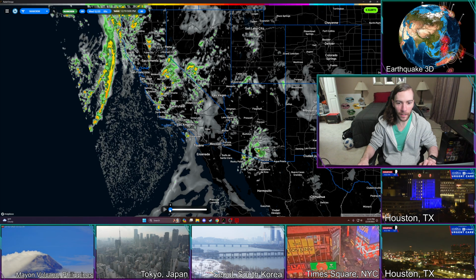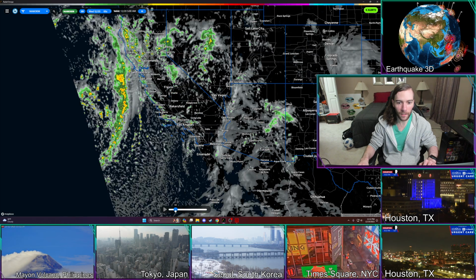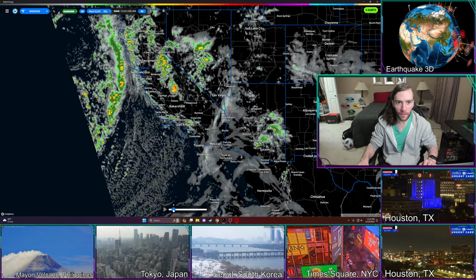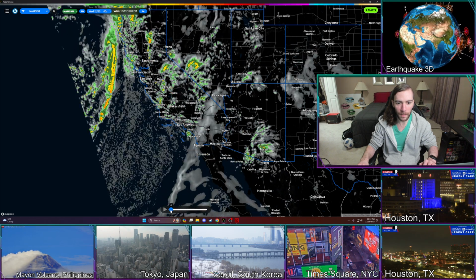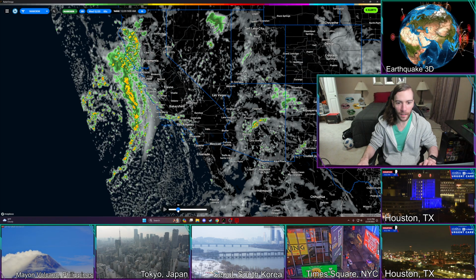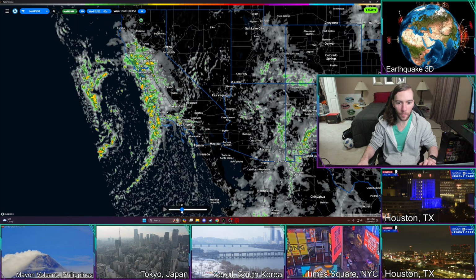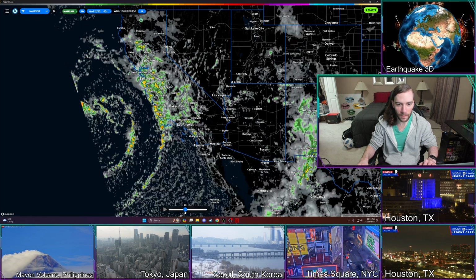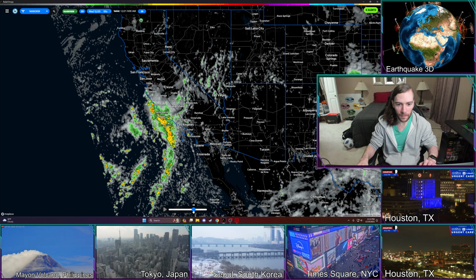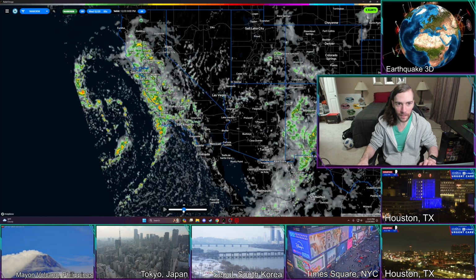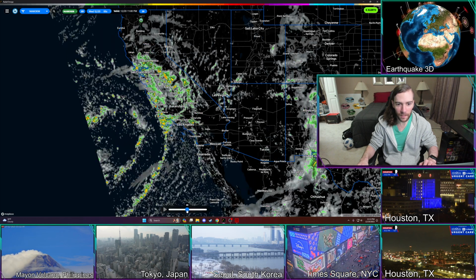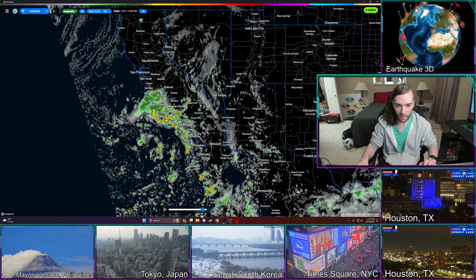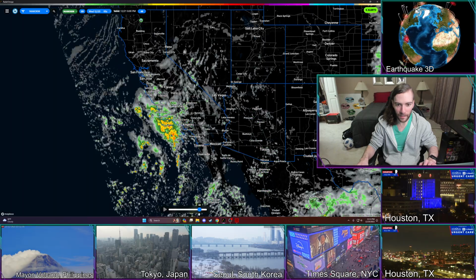I'm sure that it's already raining over Los Angeles right now, or has been for the past few hours, right? I guess it hasn't really started, and the real impacts will be starting, I guess, at this point for the Los Angeles area. But in any instance, you can see it's just continuous, right?